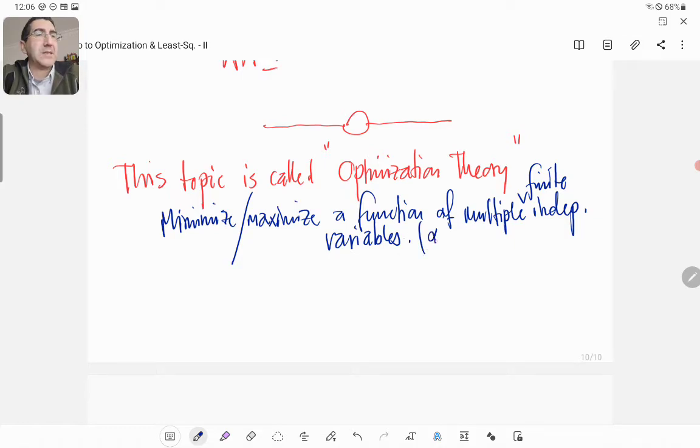We have, let's say, alpha 1 up to alpha n, that we are trying to minimize or maximize with respect to.